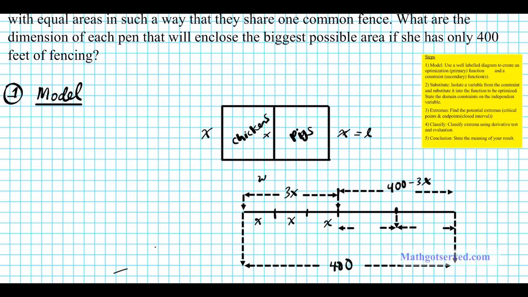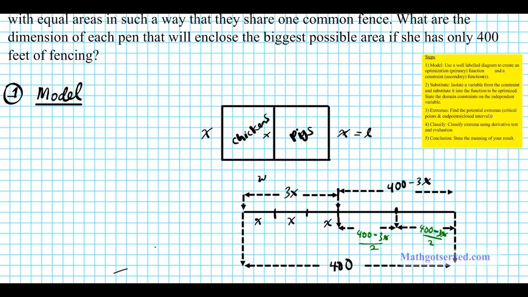Okay, so let's go ahead and do that. So we have, I'm going to change the color here. The top is going to be 400 minus 3x divided by 2, and then the bottom is going to be 400 minus 3x divided by 2 also.